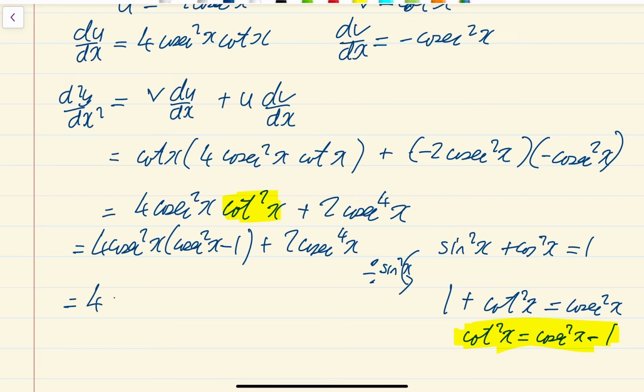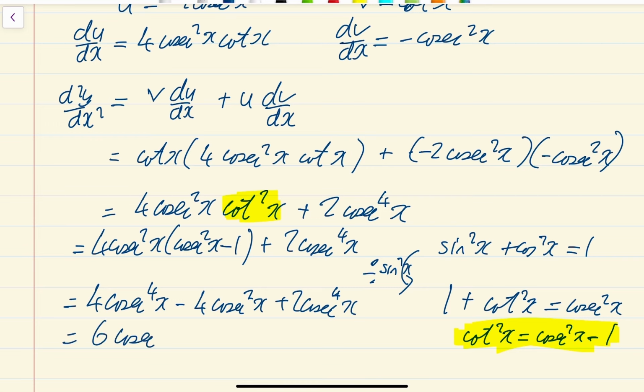You're going to have 4 cosec to the power of 4 of x minus 4 cosec squared of x, and plus 2 times cosec to the power of 4 of x. And then tie that all up, you're going to have 6 cosec to the power of 4 of x minus 4 cosec squared of x.